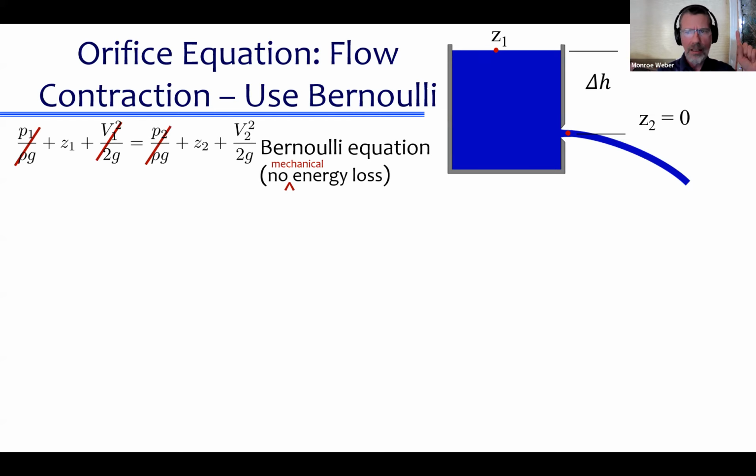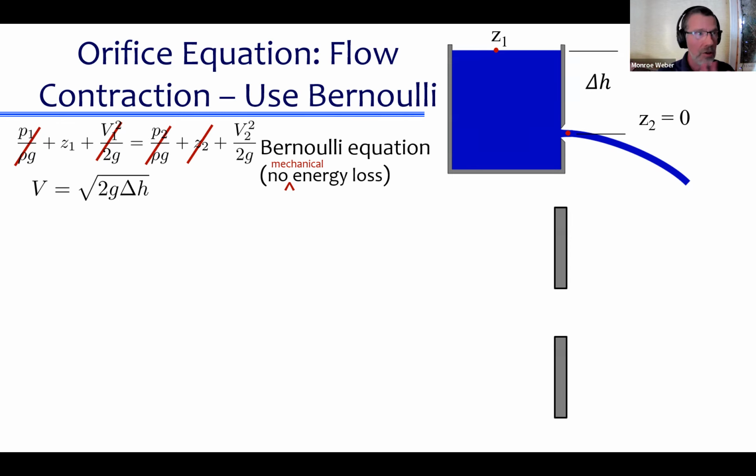And that means that we're just left with, we don't know what the velocity is at V2, but look, if we set Z2 equals 0, that means that V2 is related to that delta H. And so there's a beautiful equation. V is equal to the square root of 2gh, which you probably saw way back in physics sometime in high school. And that's if you drop an object, that's how fast it goes. So the same thing applies to water coming out of a hole in the side of a tank, which is kind of cool. It didn't get there in the same path as dropping it, but it ends up with the same amount of energy and the same velocity.